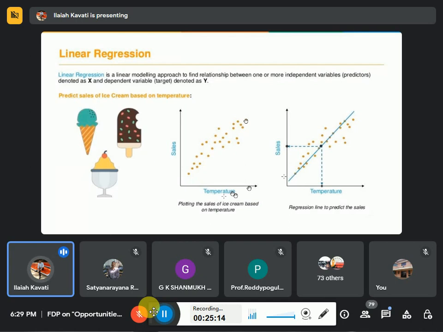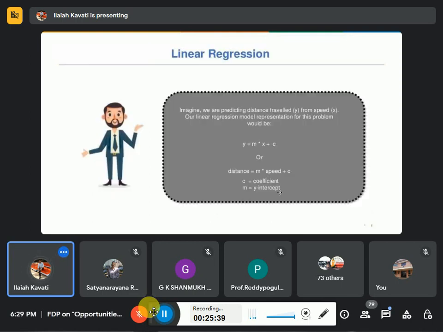Generally in summer the temperature is very high, so the sales will also be very high, correct? As the temperature is low, the sales will be low. So we can draw a linear line, which we can plot using y equal to mx plus c. This line is called the regression line.